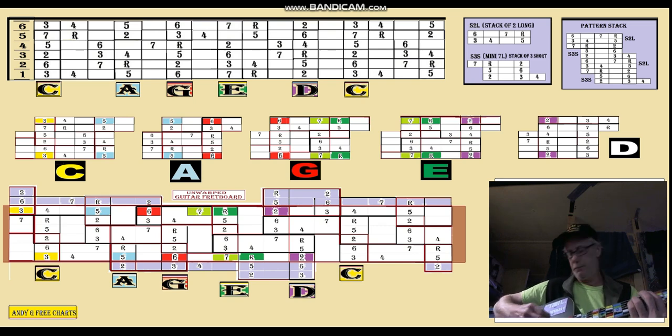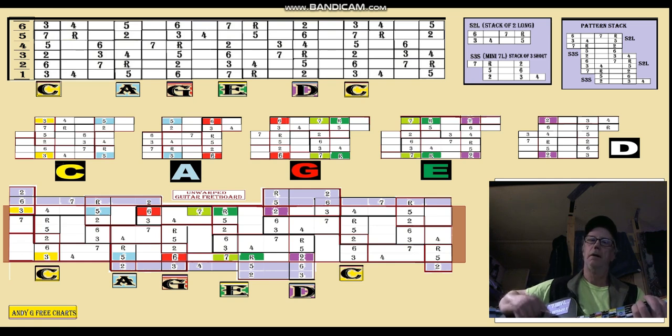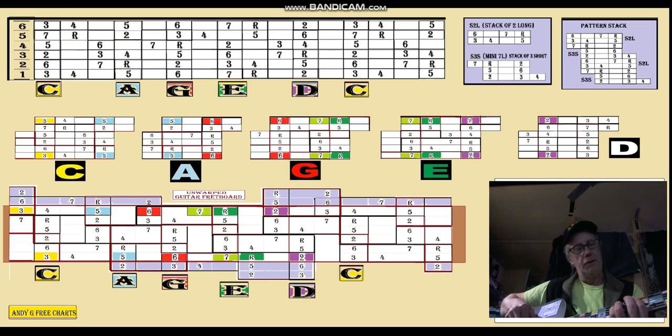So when you play an E shape, for some reason my guitar is out of tune, but I've worked on it. Its parent major is the G shape there, so you just change that to this.